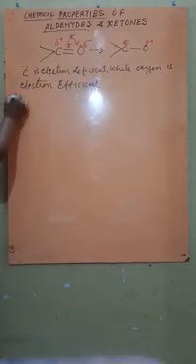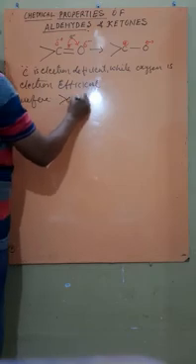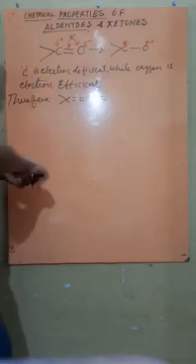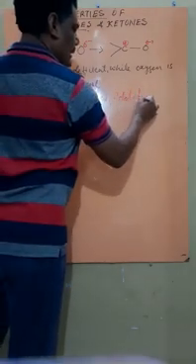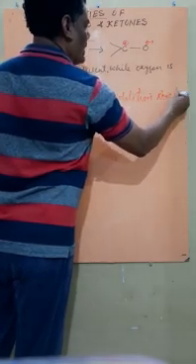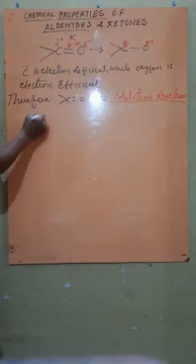Therefore, carbonyl compounds give addition reaction. Getting? Addition reaction. Now, I am not giving the name of the addition reaction, that is, which type of addition reaction is possible. So students, look here.